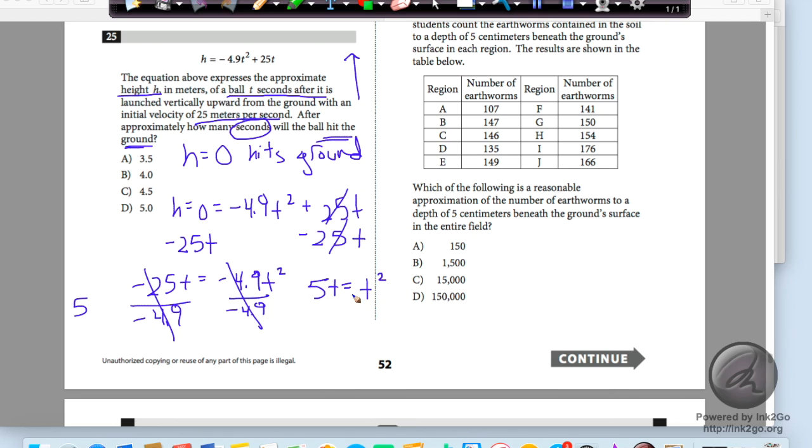Well, if I were to divide both sides here by t, then t squared over t would end up simplifying as well, because this is like saying t to the first power, t squared. I can simplify this, and this would become 1. So 5 equals t overall, which would make D your best possible answer.